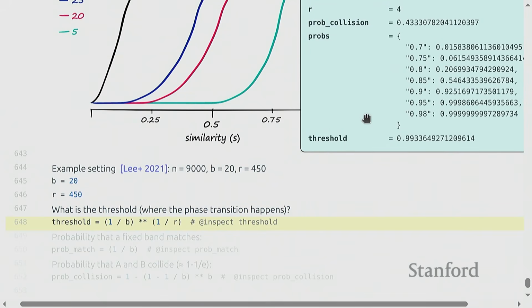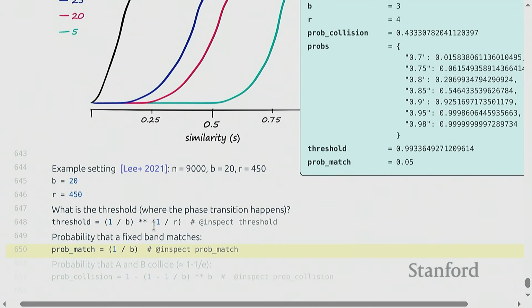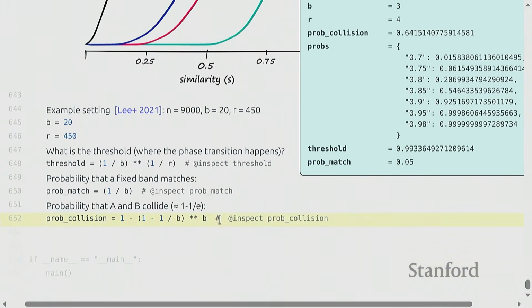That means for every 100 words, you can only allow basically one word to be different. So this is fairly strict deduplication, and the probability that a fixed band matches is this to the R, which is 0.05.